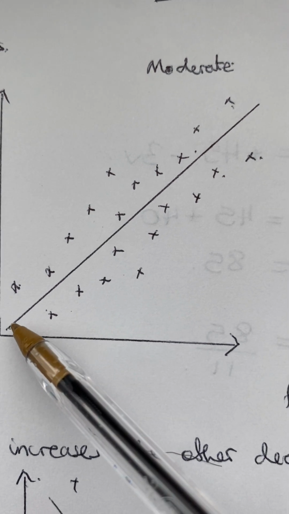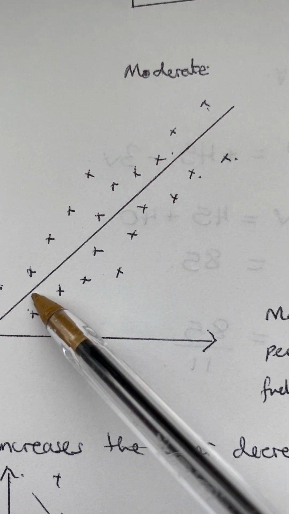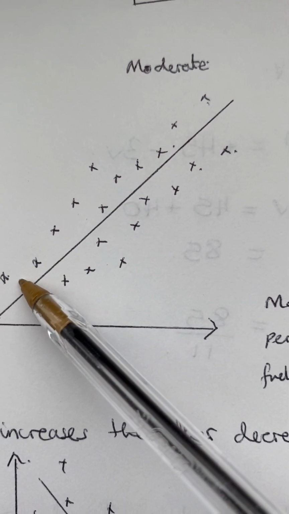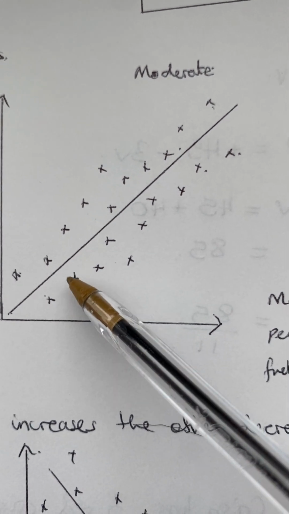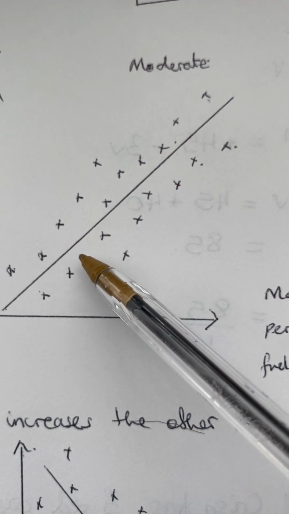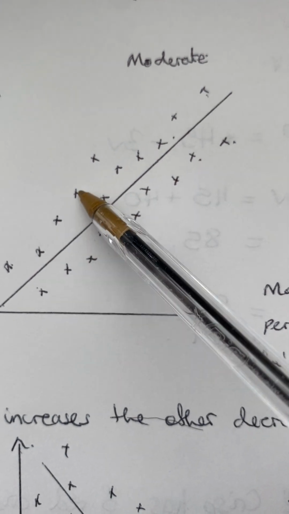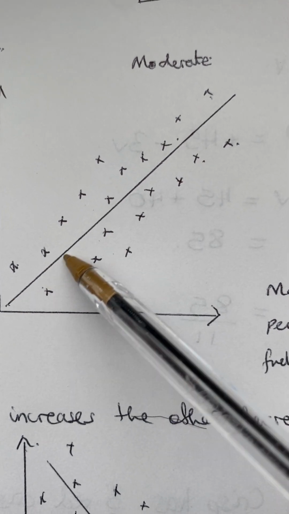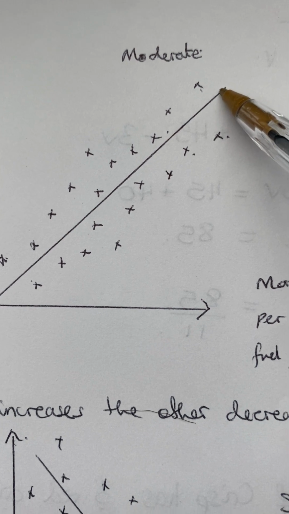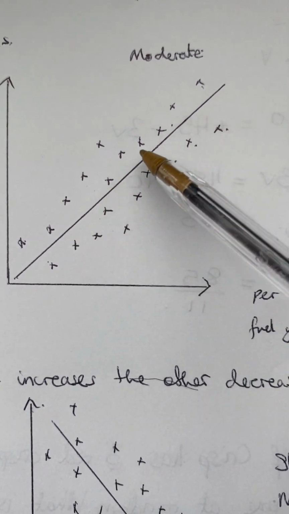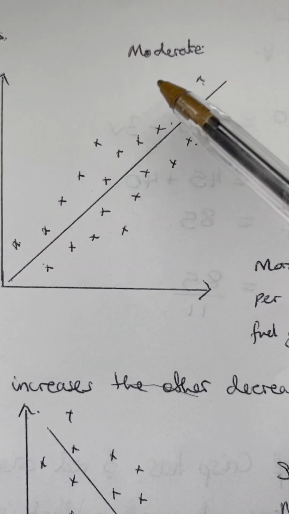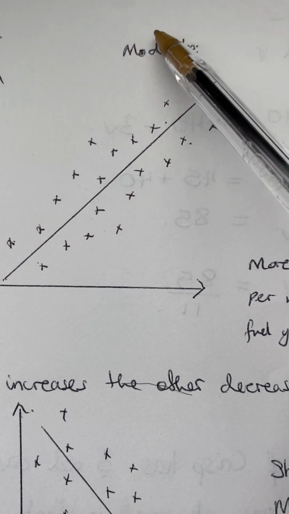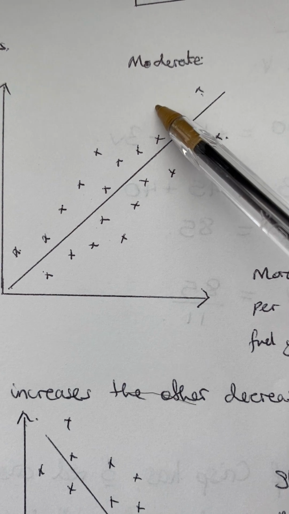So I have to find a way of drawing it such that the points I have plotted are in between. You can see this is in between, but they're a bit far away. So this is a moderate correlation.